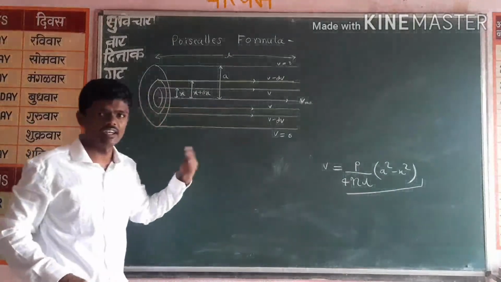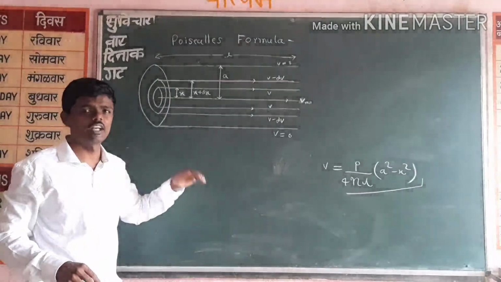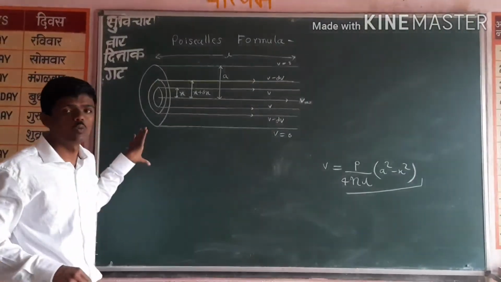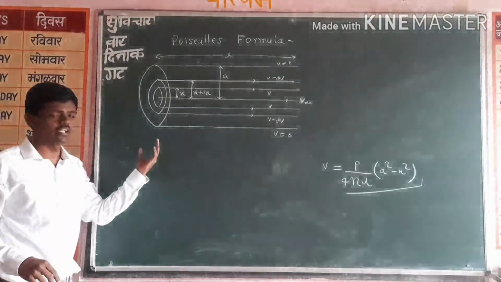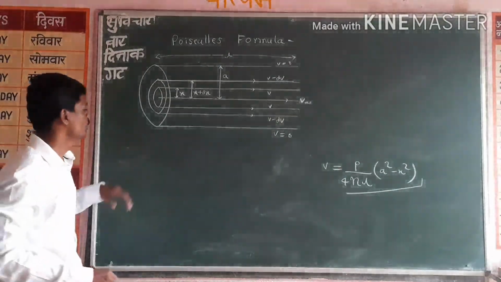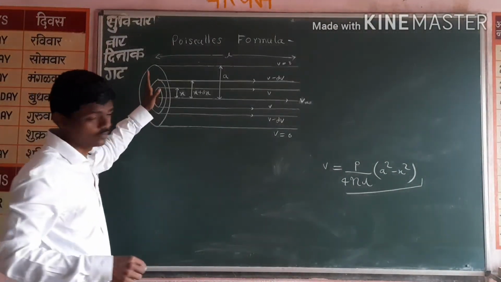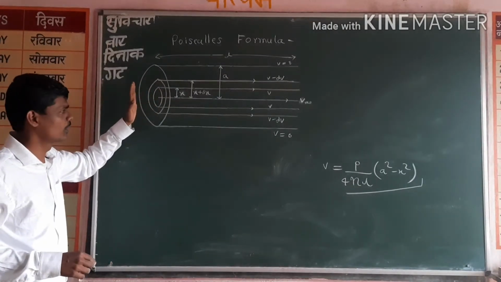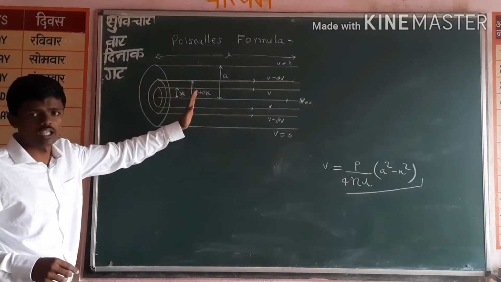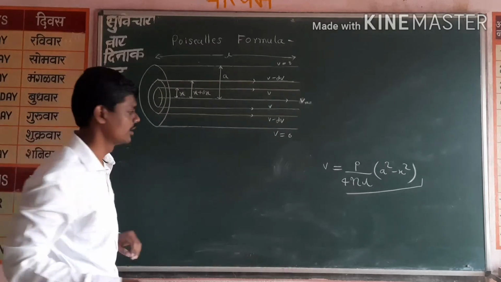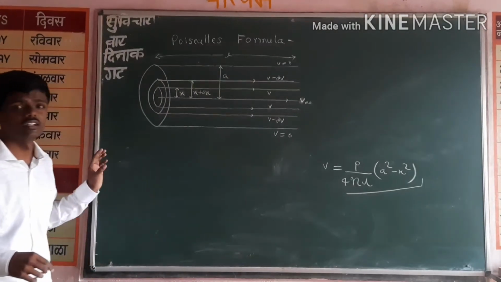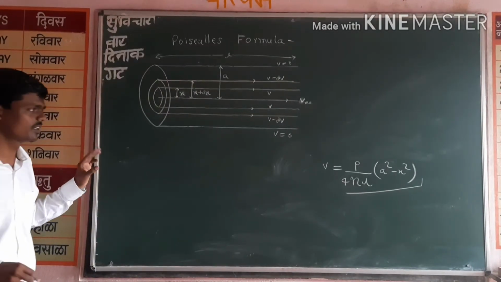What is the rate of flow of a liquid? It is the volume flowing per unit time. So we need to find the volume rate, the amount of volume flowing through this capillary. Now we have velocity. So how do we find Poiseuille's formula, that means the rate equation?